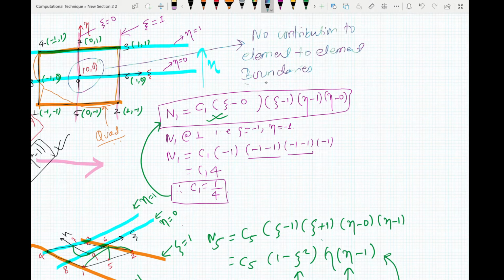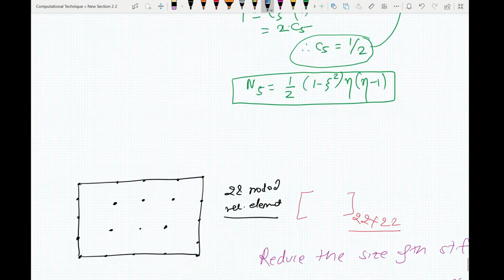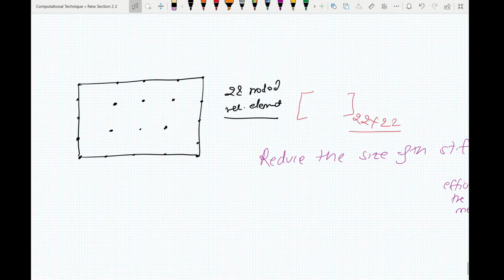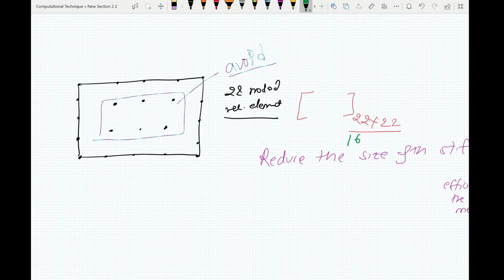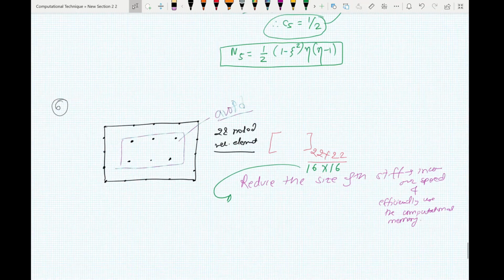So if we can avoid such kind of internal nodes, then in this case, if we can avoid these 6 nodes, your stiffness matrix will decrease from 22 by 22 to only 16 by 16. This will dramatically reduce the size of your stiffness matrix, and also increase our computational speed.